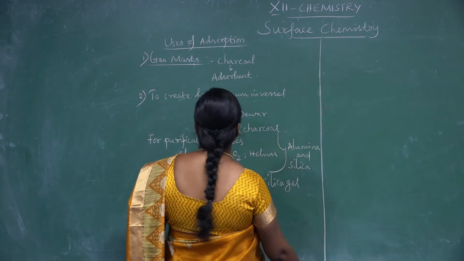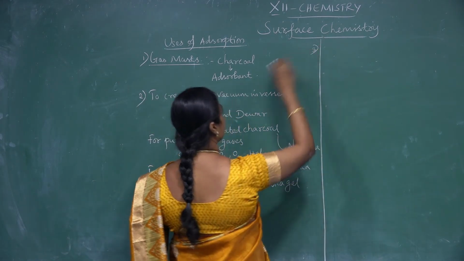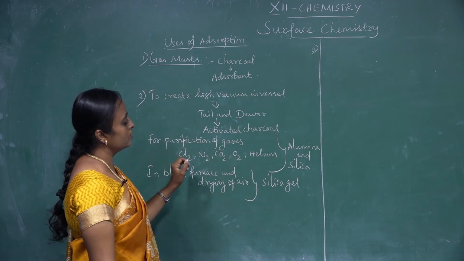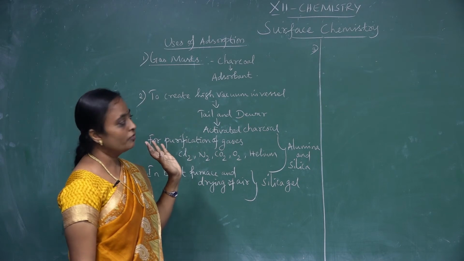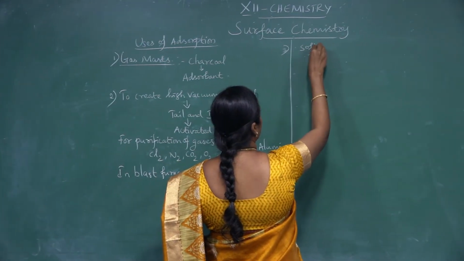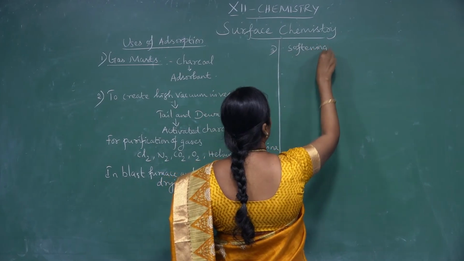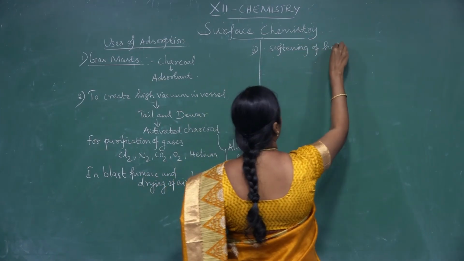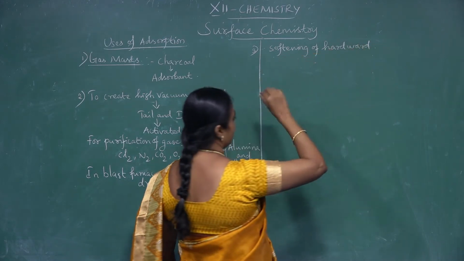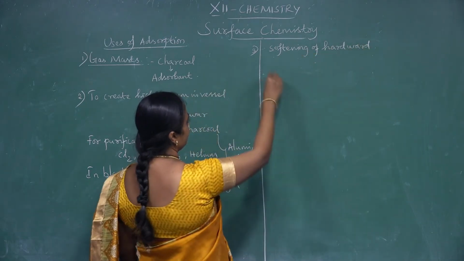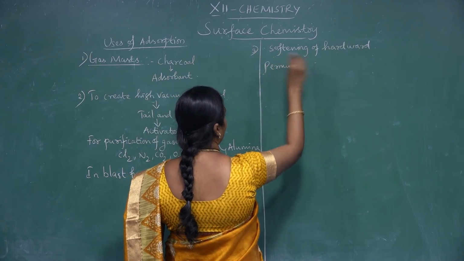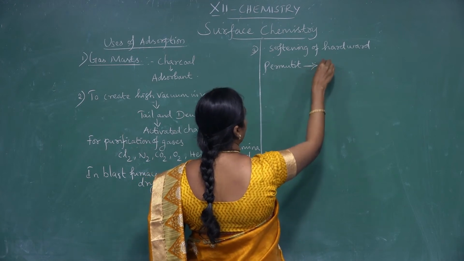The next use: the adsorption phenomenon is best used for the softening of hard water. For the softening of hard water, we use permutit. What is permutit?